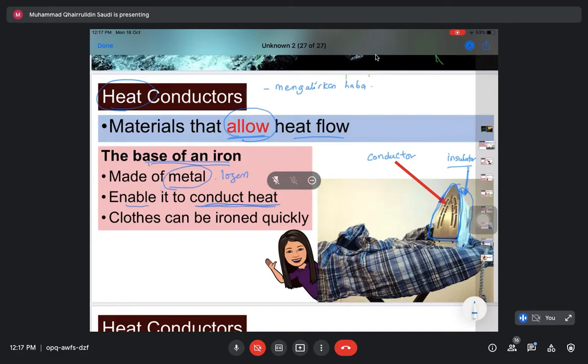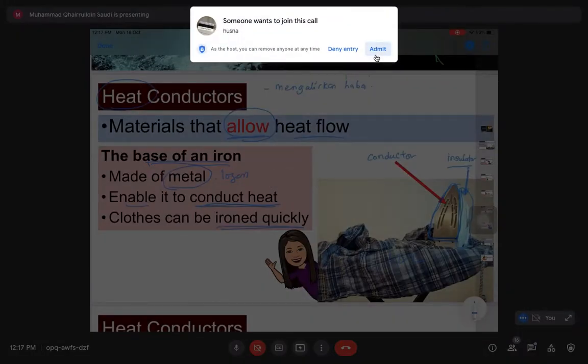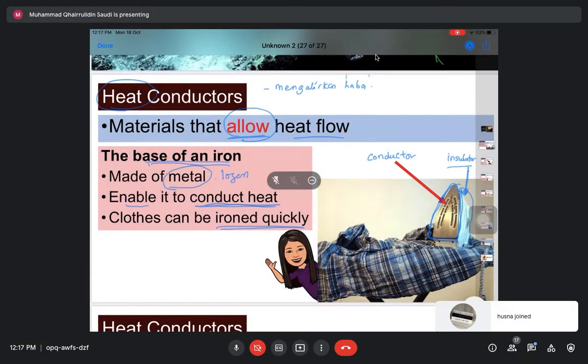And it helps us to iron our clothes; clothes can be ironed quickly. Cuba kalau kita gunakan iron yang bukan conductor yang bagus, maksudnya dia conduct heat dengan sangat perlahan. Dia akan menyebabkan kita iron baju dengan sangat lambat sebab haba sampai ke base tu sangat lambat.